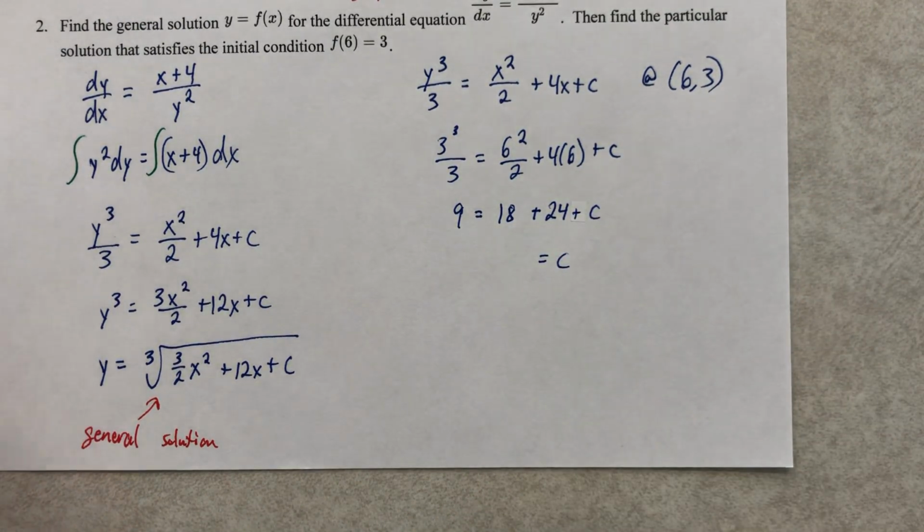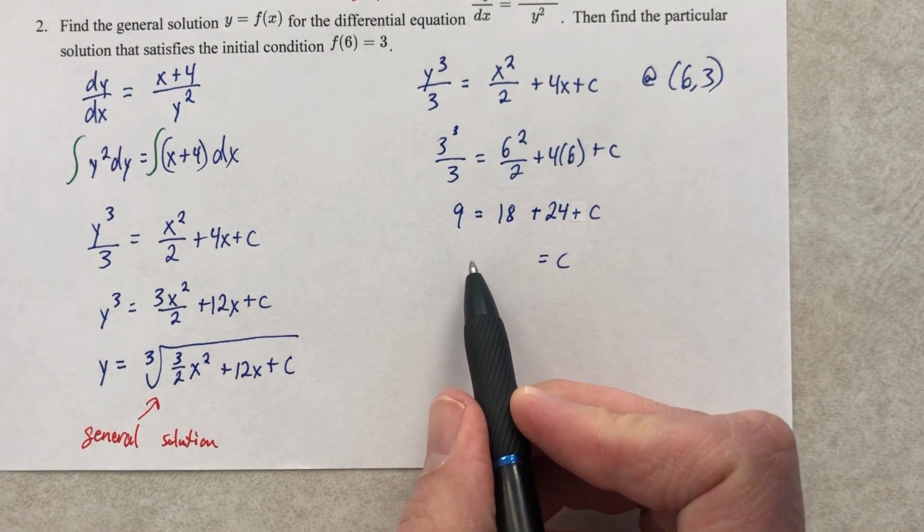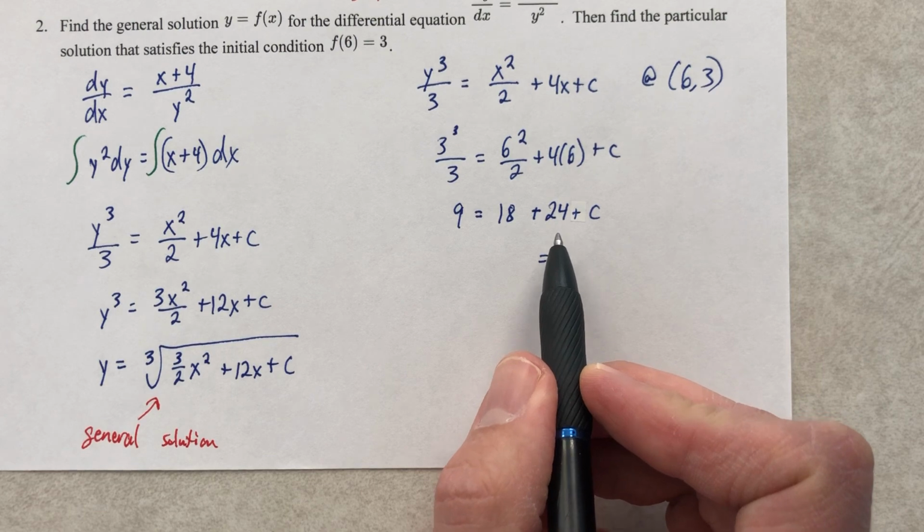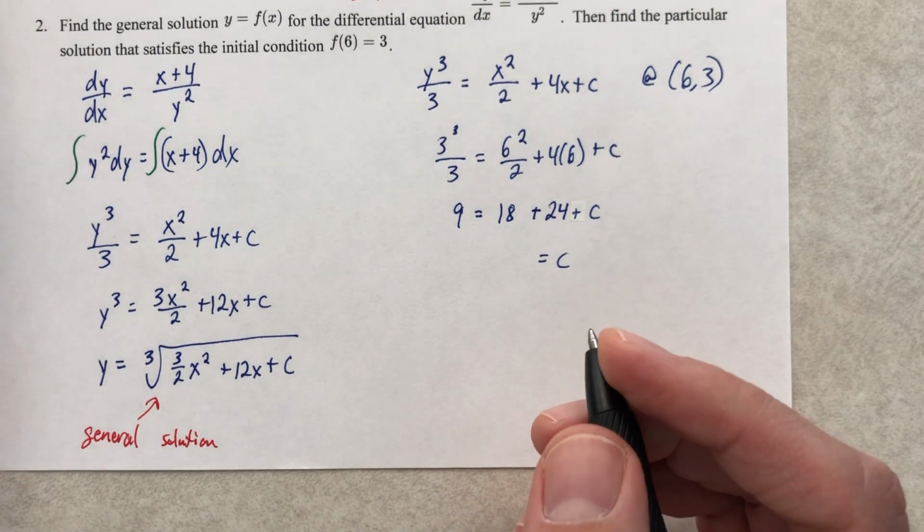Oops. All right, so 9 minus 18 is going to give me negative 9. Negative 9 plus 24 is going to give me negative 15.